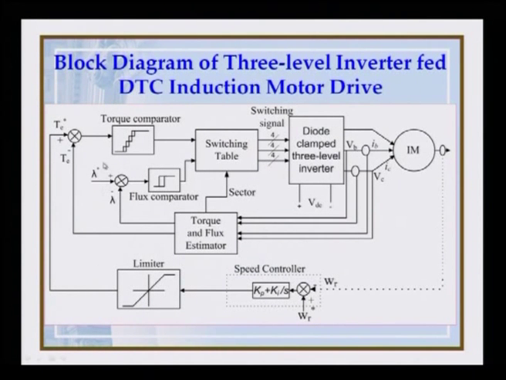And we have the reference flux here, lambda star, and that is compared with the actual flux lambda, and it is fed to a flux comparator. So, we have a torque comparator and a flux comparator, and the sector information is also obtained by finding out psi ds and psi qs.